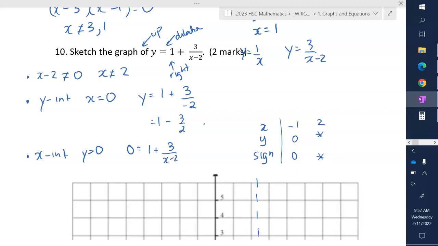So we get -1 equals 3 over x minus 2. We keep going, we multiply these together: minus x plus 2 equals 3. Minus x is going to be equal to 1. So x is going to be equal to -1. That's where I got that from.